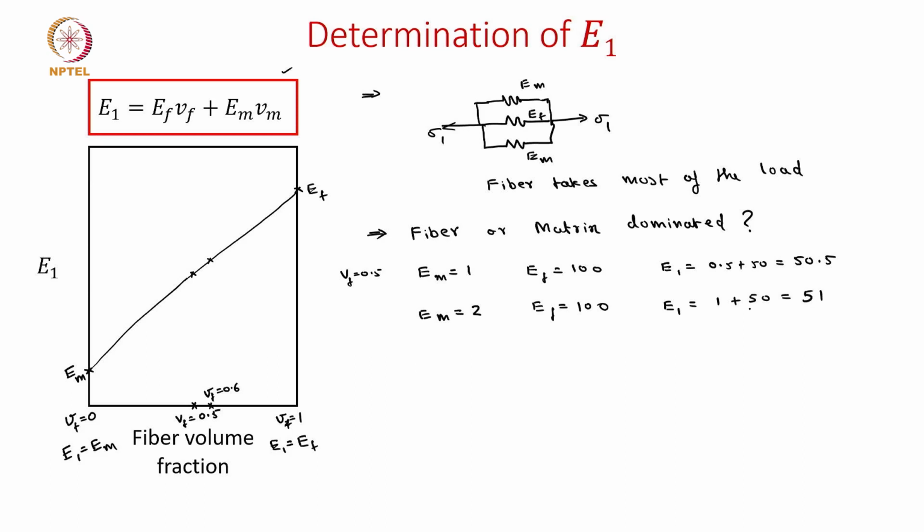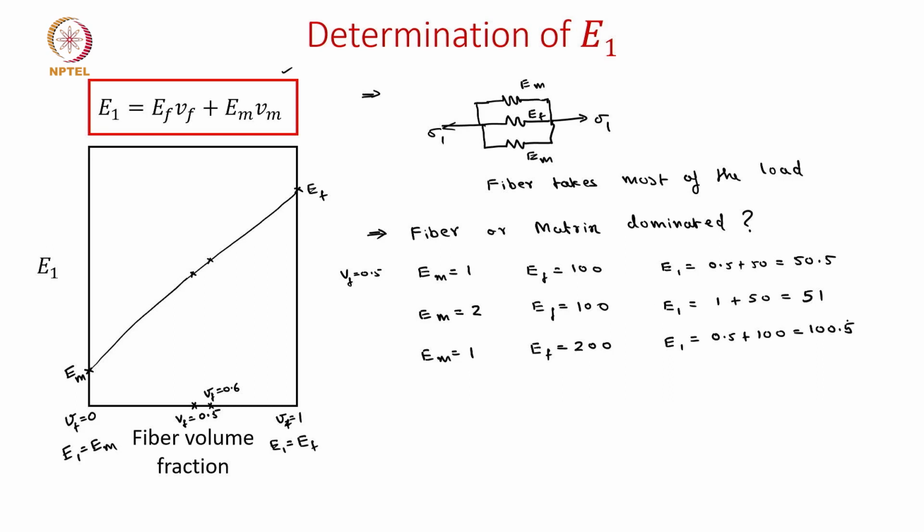But now let's do the other way, meaning we don't touch the modulus of the matrix, we retain it at 1, but for the fiber we will double it. So now you can see E1 will be 0.5 times 1, so it will be 0.5 plus 200 times half, which will be 100.